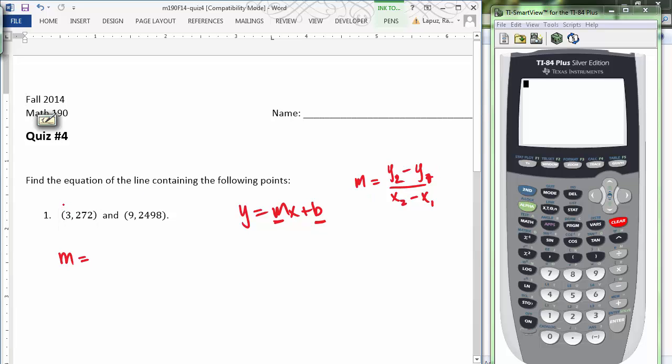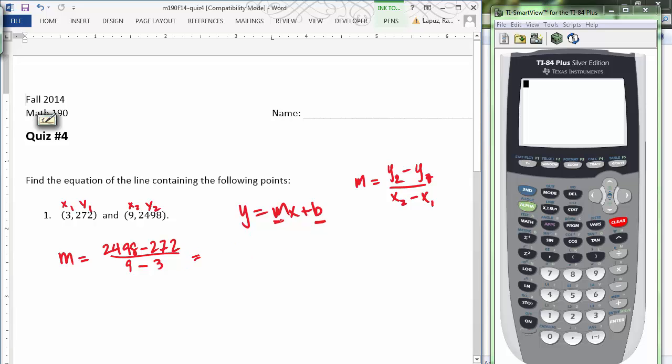So I'm going to label this as x1, y1, x2, y2. So our y2 is 2498 and our y1 is 272. We'll divide that by 9 minus 3.